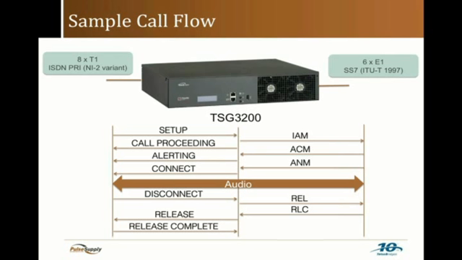The signaling converter is able to adapt these messages. On one side, it will collect all of the parameters that are received via the signaling, such as calling telephone number, called telephone number, calling party category, and many other parameters that it then must adapt and present on the other side, in this case the SS7 side, in an appropriate format that is understood by the SS7 protocol.